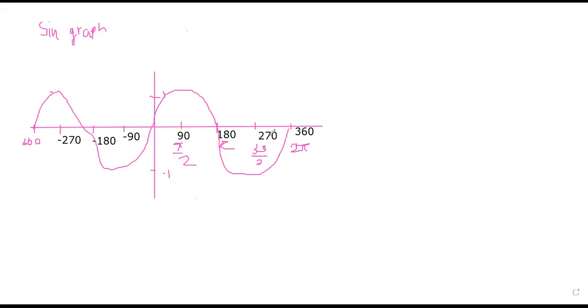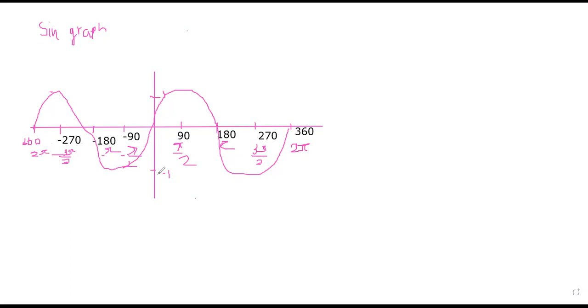It's 3 pi divided by 2. In questions they can give this graph like this, and this is also minus pi over 2, minus pi, minus 3 pi over 2, and 2 pi.